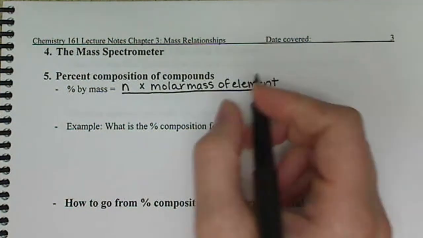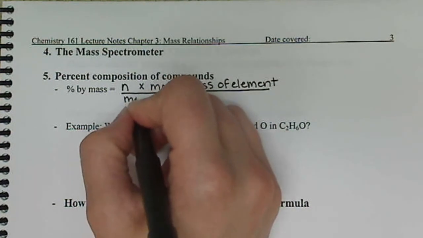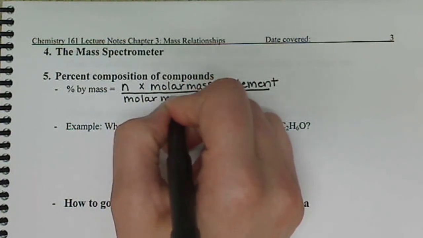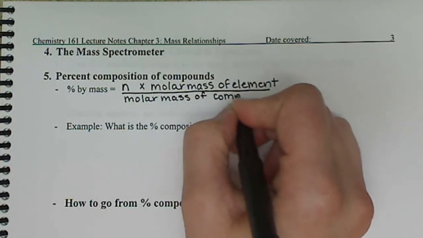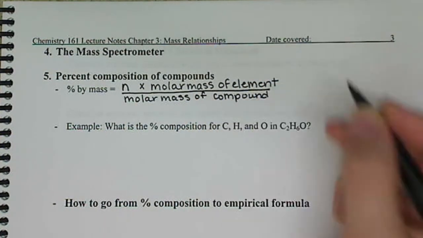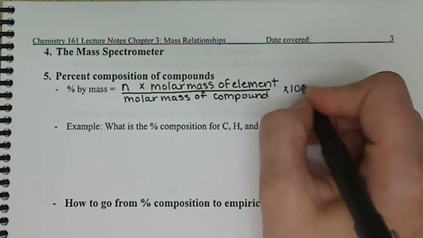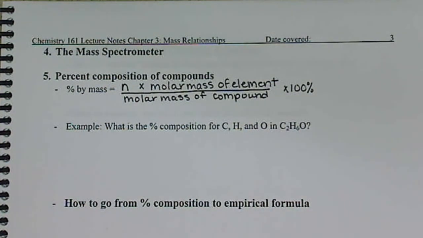And we're going to divide that by the molar mass of the entire compound. And since it's a percent, times by 100.